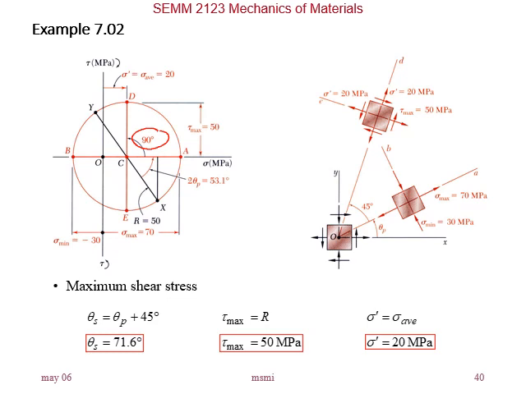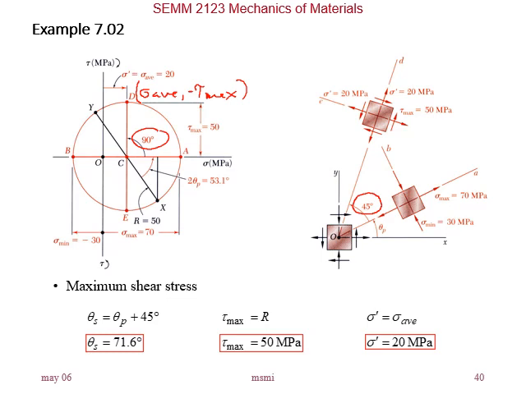And top point D here will give you sigma average and tau maximum. And this tau maximum is clockwise or negative in our case, right? So from the principal plane to go to the maximum shear stress, we go counterclockwise 45 degrees.